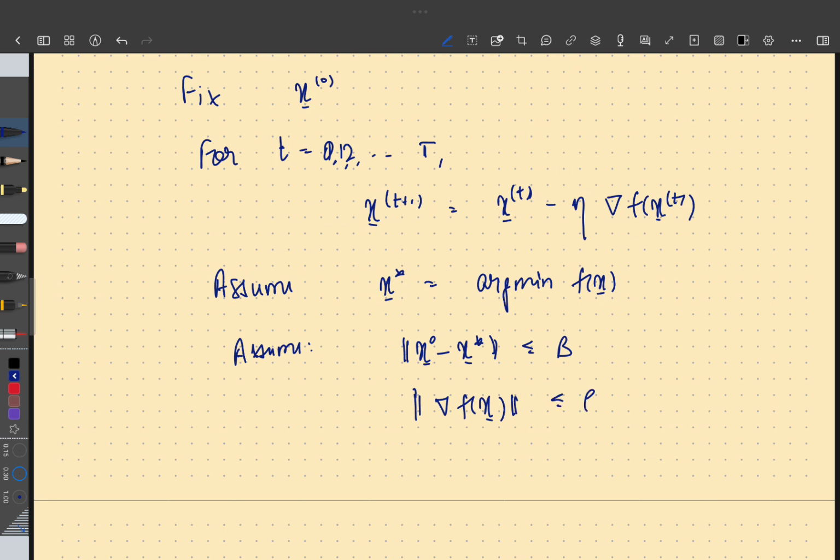It's less than or equal to rho. Okay. So basically the gradients can't blow up and therefore take you too far away in every step.